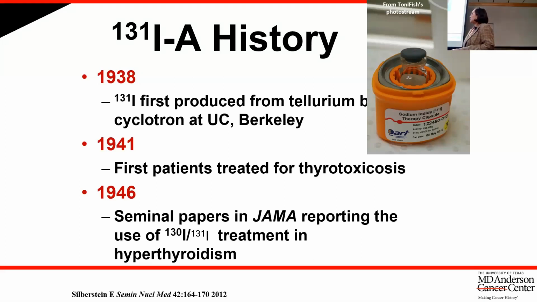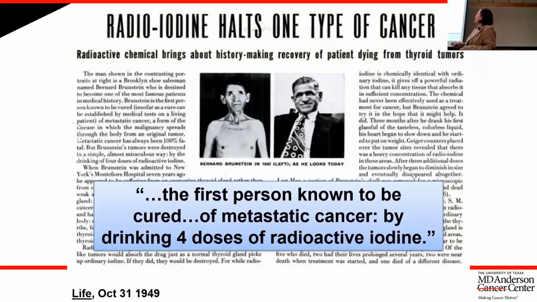Then in 1946, they started publishing papers in JAMA reporting that yes, you could use radioactive iodine for hyperthyroidism. And then moving forward, they found that in 1949, this was the first case where they found that a patient with metastatic cancer was treated by drinking 4 doses of radioiodine. So this was the first patient, and this was in 1942, and as he looks today.